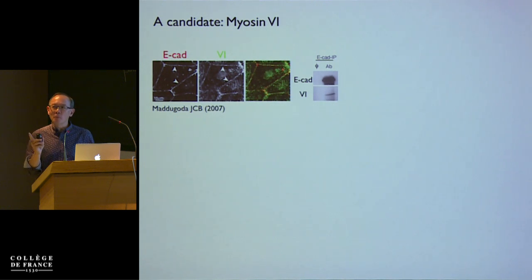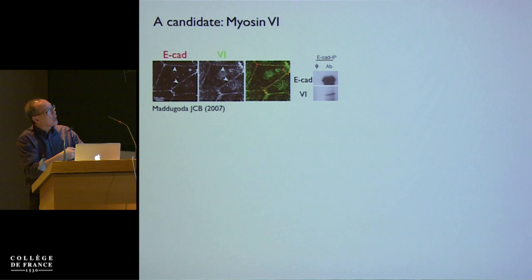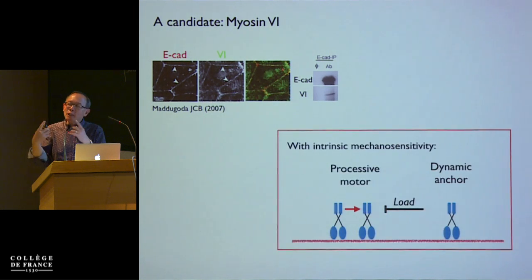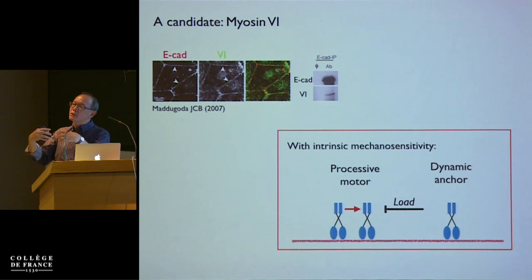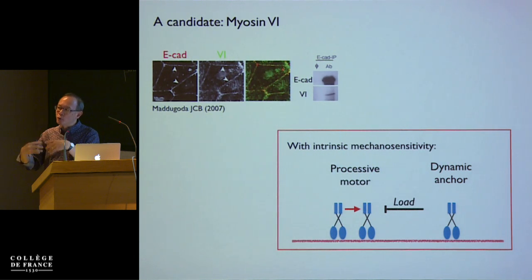And of the 30 or so myosins there are, we were particularly interested in an atypical myosin called myosin 6, because 10 years ago we found that it localizes to junctions, and it's an interesting myosin. It's a beautiful processive motor, so it's involved in cellular transport, moving things along actin, but it's also exquisitely sensitive to load, to force.